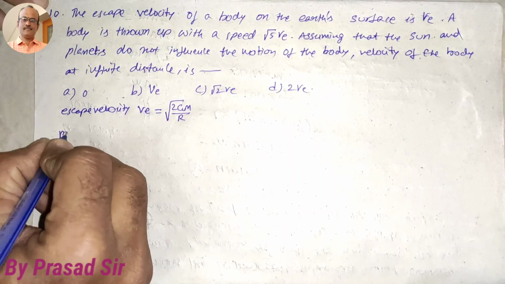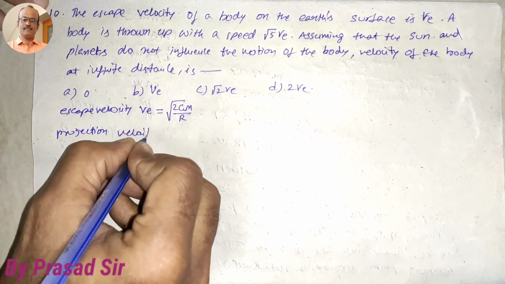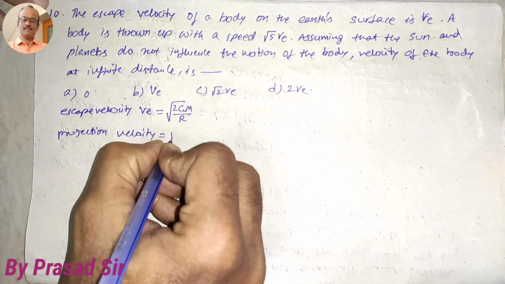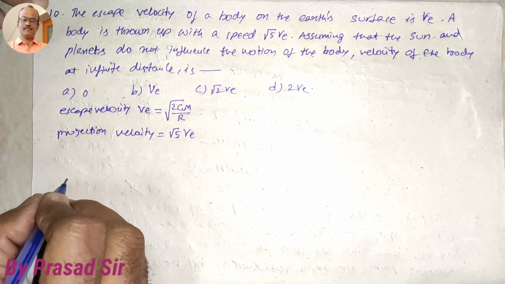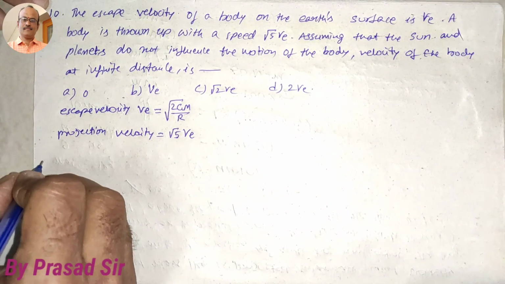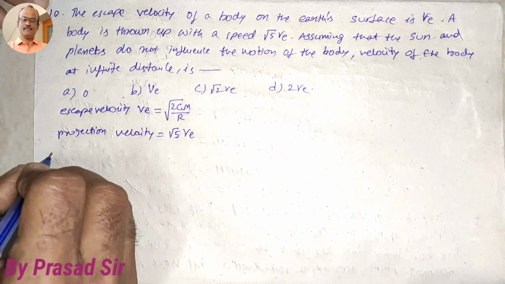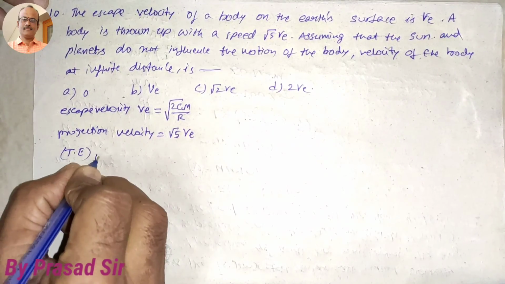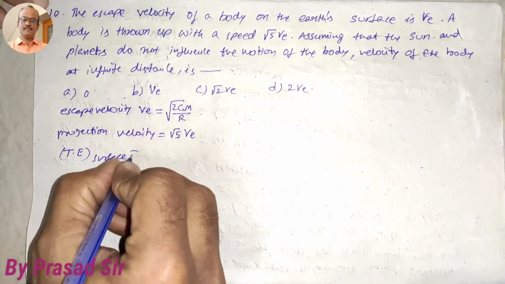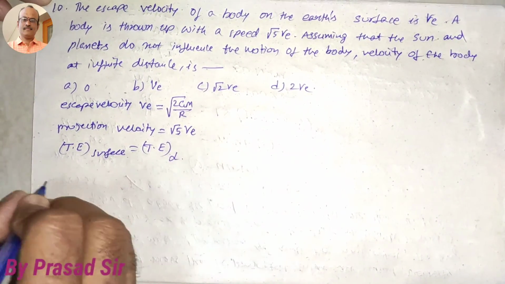Then afterwards projection velocity. So here projection velocity is equal to root 5 times escape velocity. So whenever you want to compare the velocities to get the answer, that is infinite distance, what is the velocity of the body? So that means simply total energy at surface is equal to total energy at infinite distance.